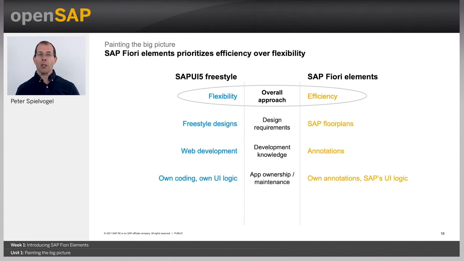If you're in a situation where your needs are mostly covered by the SAP floor plans, you can use SAP Fiori Elements to build your applications efficiently. You are responsible for the annotations, but the UI, including the UI logic, is already handled by SAP. This streamlined process reduces the time and cost of development and maintenance.